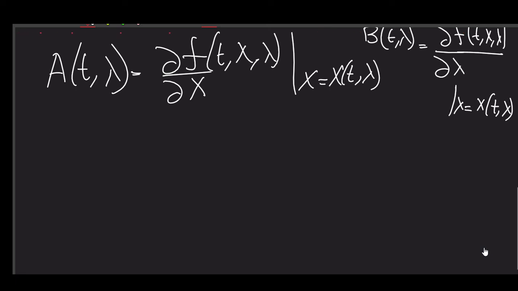So as the parameter variation is sufficiently close to our nominal parameters, the matrices A(t, lambda) and B(t, lambda) can be defined over that interval t naught to t1.